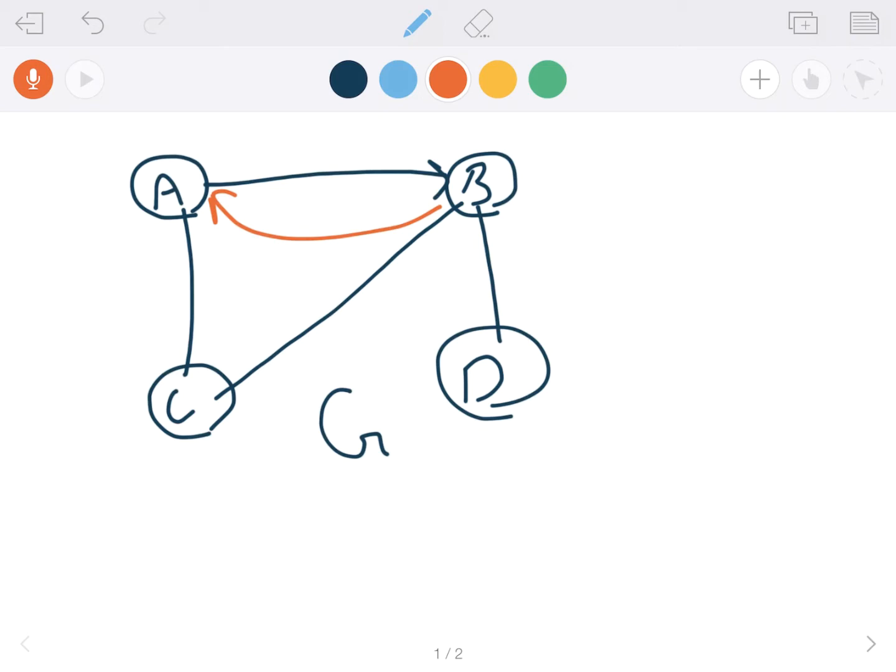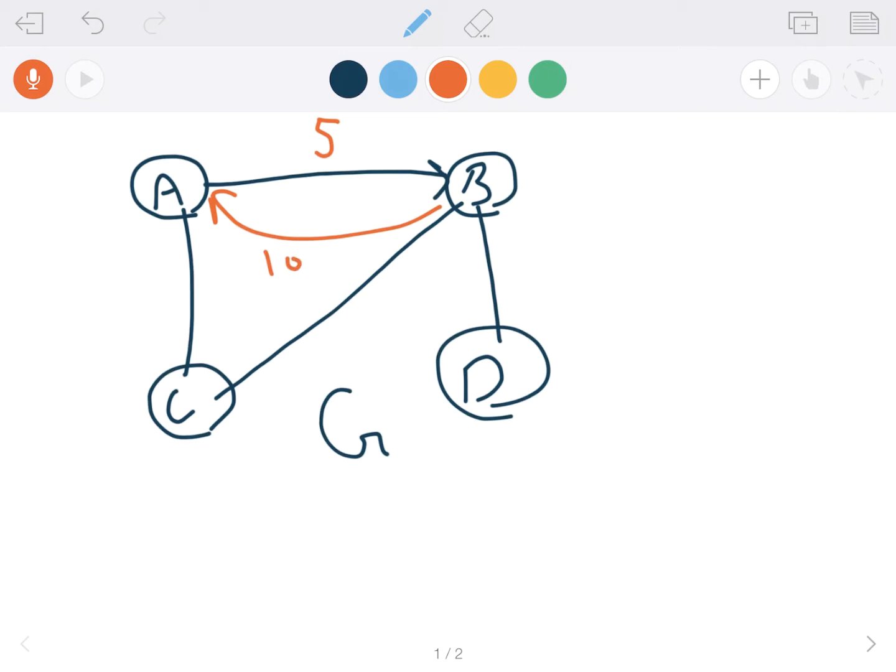Besides these two types of graphs, we also might have another type of graphs that are weighted. Okay, so here the graph that we see is unweighted. It means that the cost associated with A to C is similar to the cost associated from A to B, also from B to A, or C to B, or B to D, or D to B. But let's say that the cost of going from A to B is 5, but the cost of going from B to A is equal to 10.